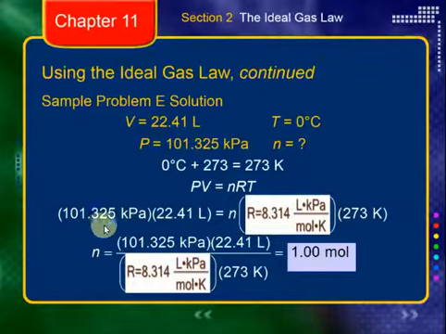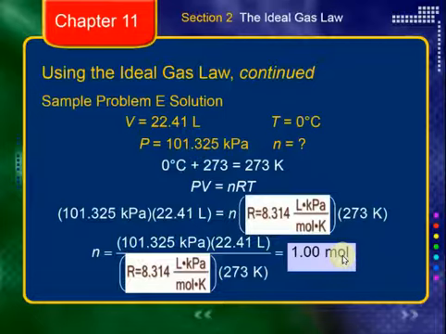So to rearrange to solve for n, we have pressure multiplied by volume divided by the R value, also divided by temperature. Plug all of this into your calculator, you find out it's 1 mole, exactly 1 mole.